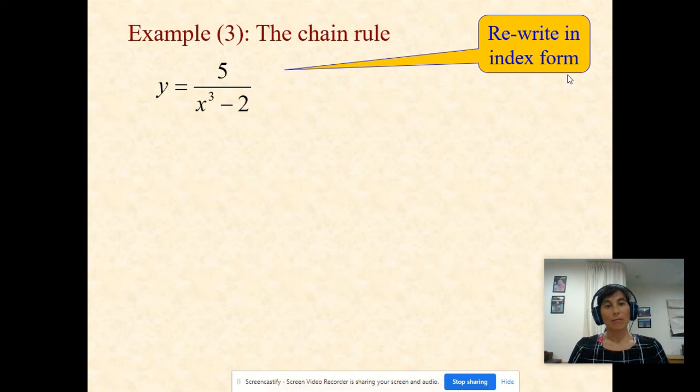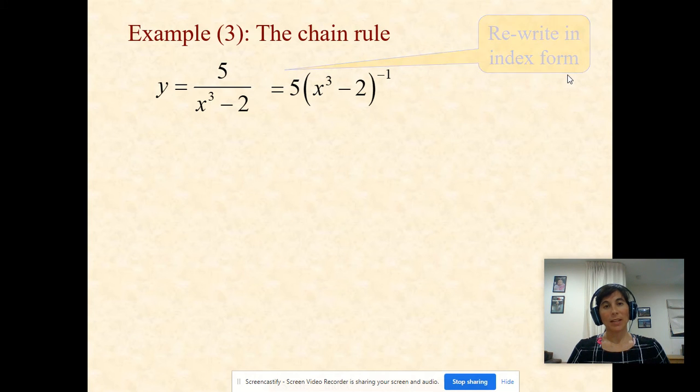So what we can do is write it in index form, just so we get that term on the top line there. So we've got 5 times (x cubed minus 2) all to the power of negative 1. Then what I normally do in class is use my whole hand to cover up what's inside the brackets. But even if you just use your finger, you cover up what's inside the brackets.